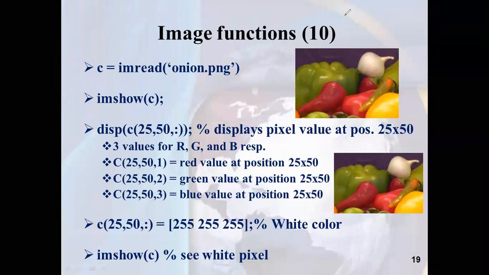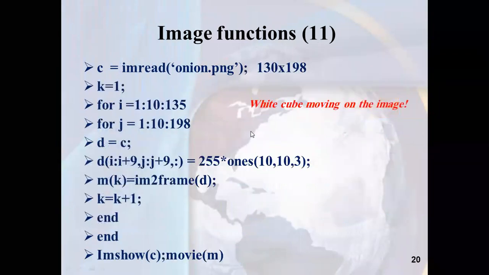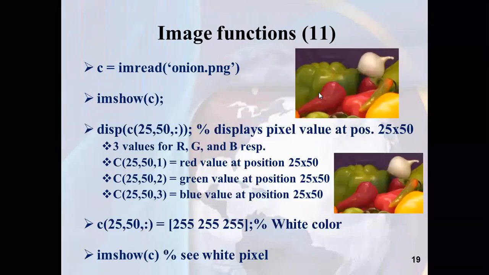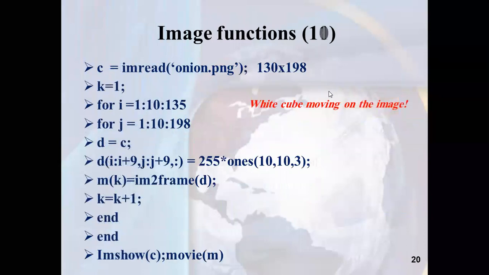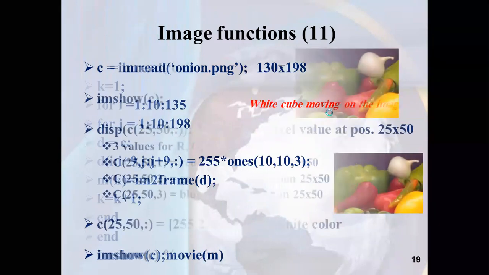Okay, we will continue. Here I read onion.png, which is the same image. And I create a white cube block that is moving on the image.